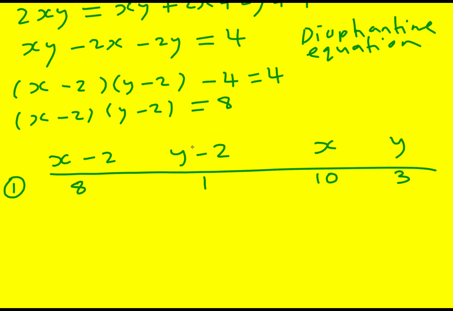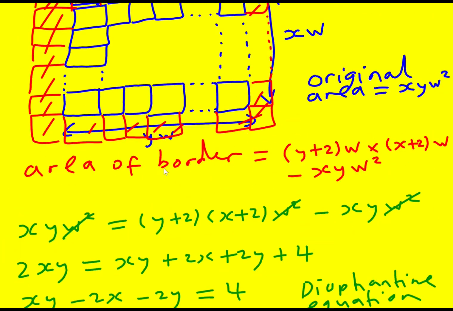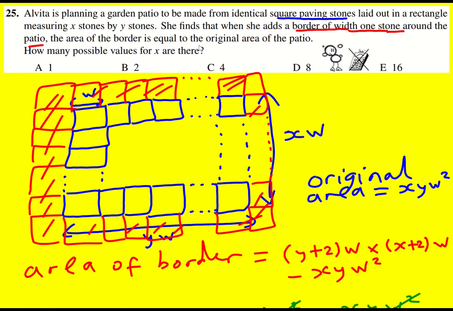Second possibility, okay, more factors, I'm just going to decrease. It's going to go 4 and 2. So then I'm going to get 6 and 4. That would also work. Then I swap these around, 2 and 4. I'm going to get 4 and 6. So it can be just the same kind of patio, but just a different dimension.